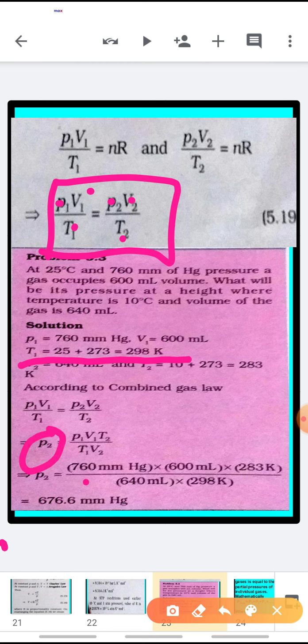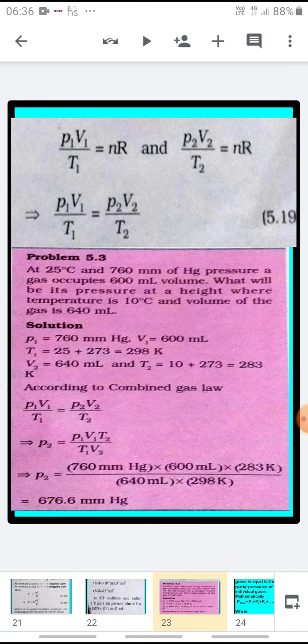P1 is 760, V1 is 600 ml, T2 is 283, V2 is 640 ml and T1 is 298. The value of P2 comes out to be 676 mm Hg. I hope you are clear with the ideal gas equation or the combined gas law.